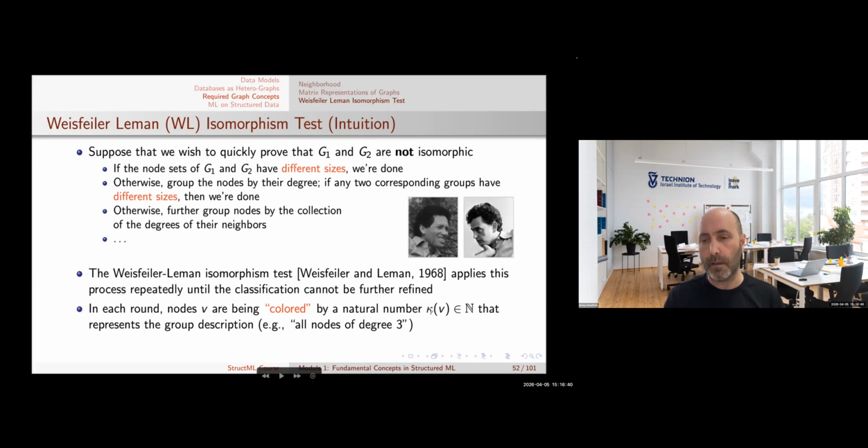We call it kappa, a function kappa that takes as input a node and returns a natural number. That's the color. Now in the literature, it is referred to as WL or 1WL. And that's to distinguish it from the KWL version that looks at K sequences of nodes. We're not going to get into it in this course.